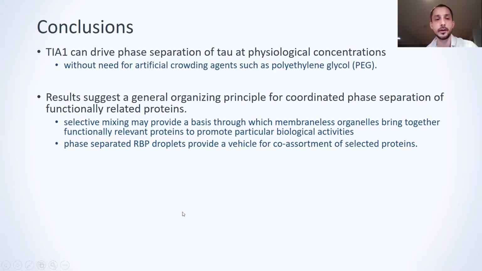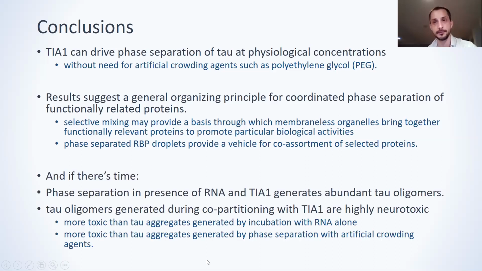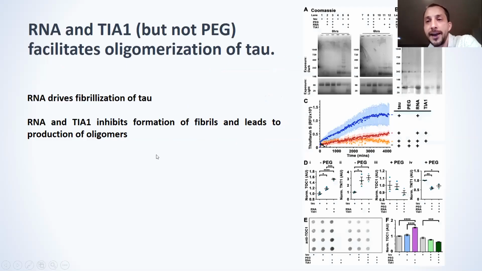I just wanted to, if there's time, mention one of the other aspects of that latter part of the talk: we look at the relative toxicities of the changes that occur in tau. So we've known that RNA and other polyanionic compounds drive fibrillization of tau.